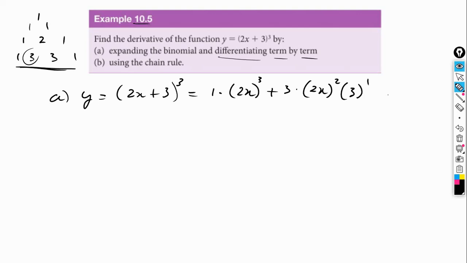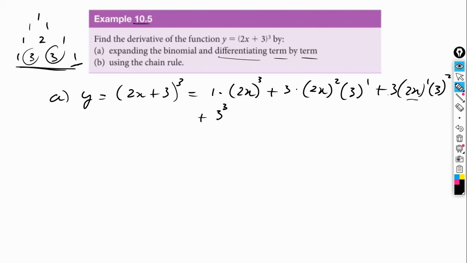And then we would go, okay, this plus 3 again, the coefficient, times 2x to the 1 times 3 squared, and I'm missing one more, plus, and the last coefficient is 1, so I won't write it, plus 1 times, and this would be to the 0, so I don't write it, 3 to the 3.